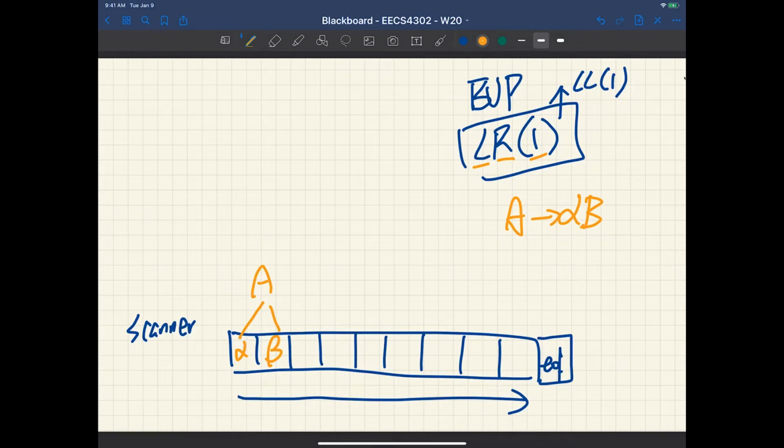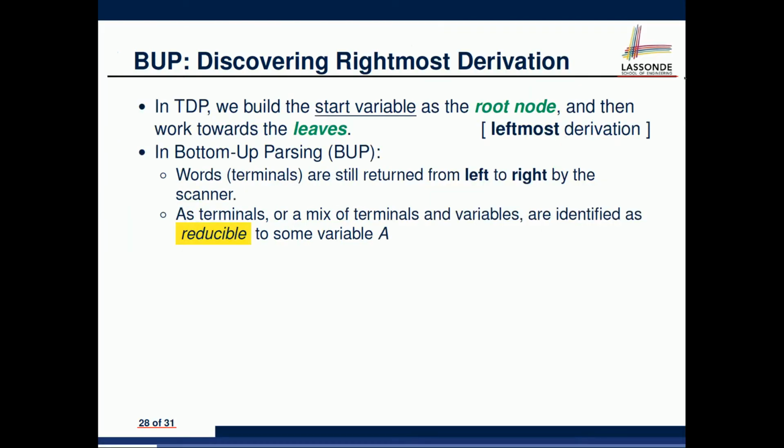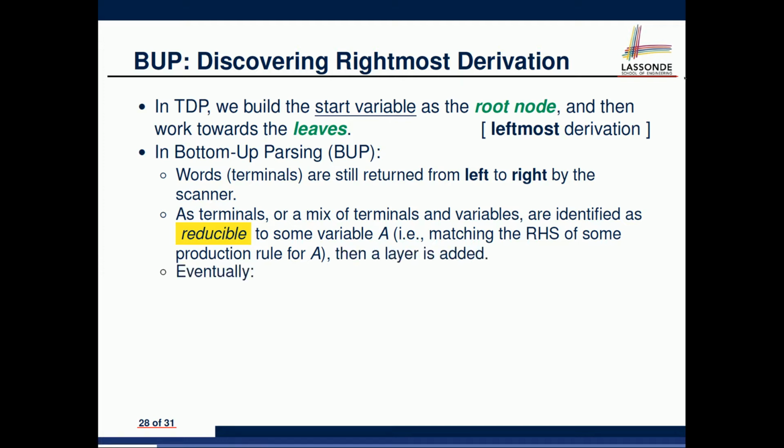We're going to focus on concrete examples on Monday, but as long as you get this fundamental step straight, everything else is not too bad. I'll give you another intuition in a moment. Reducible simply means the right-hand side of a production rule matches the string, and then you reduce to the left-hand side. You will keep doing this reduction until... can you take a guess?